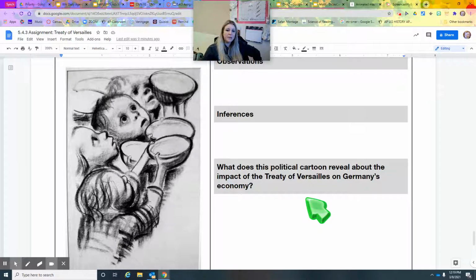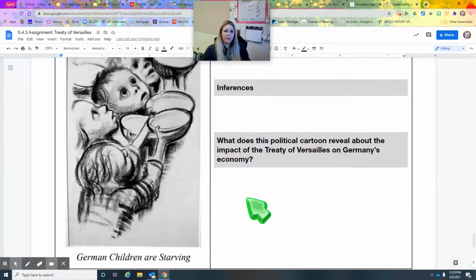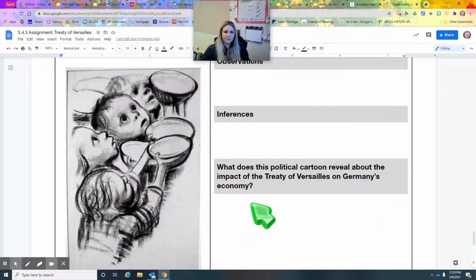So in other words, what do you think this is telling us about the financial situation of Germany after World War I and because of the Treaty of Versailles? Go ahead and pause, answer those questions, and we'll move forward.